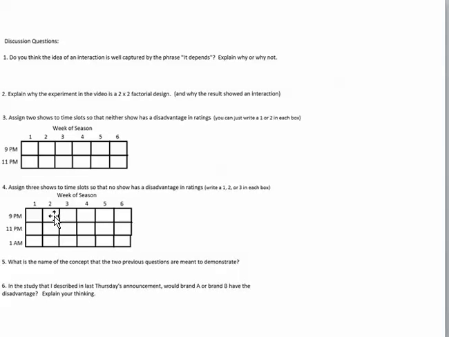So overall, what you need to do is, in this first table, go 1 column at a time, and in each column, put a 1 in one box and a 2 in the other box. So a 1 and a 2 in here, a 1 and a 2 in here, a 1 and a 2 in here.